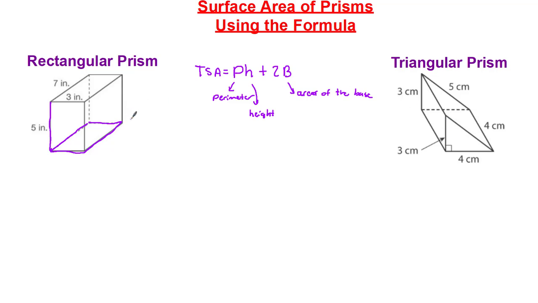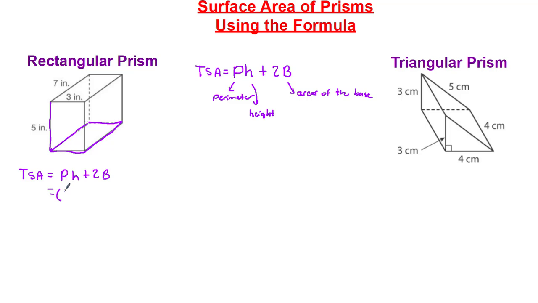So let's go ahead and work with the formula and try to figure this out. So we have our total surface area is going to be equal to the perimeter times the height plus 2 of the bases. So in this case, our perimeter is going to be this distance plus this distance plus this distance plus this distance. So it's going to be 3 plus 7 plus 3 plus 7.